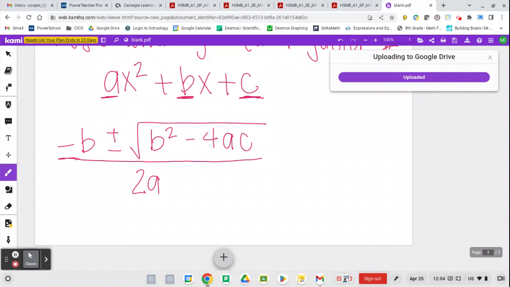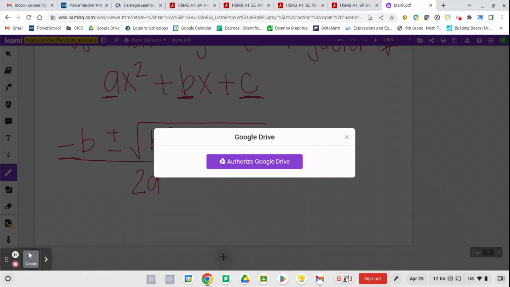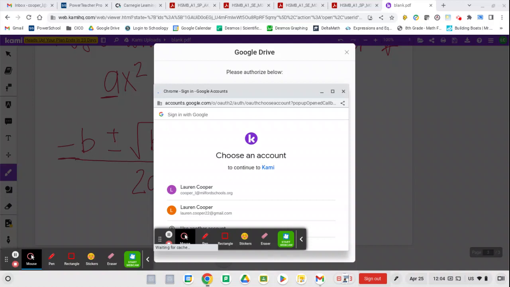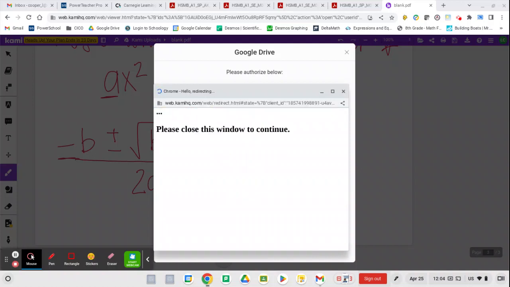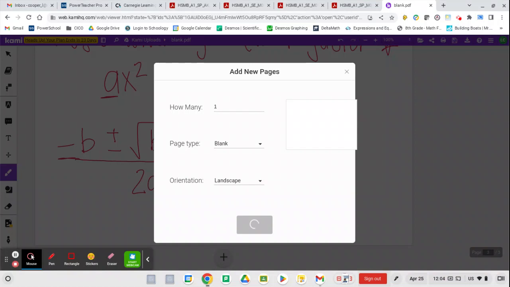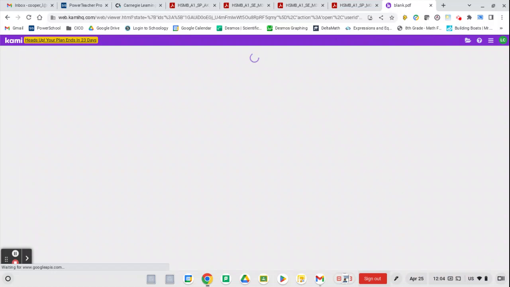Okay, so let me do an example of this, how you would use this formula. Okay, what is happening? You can take that. Oh my God.